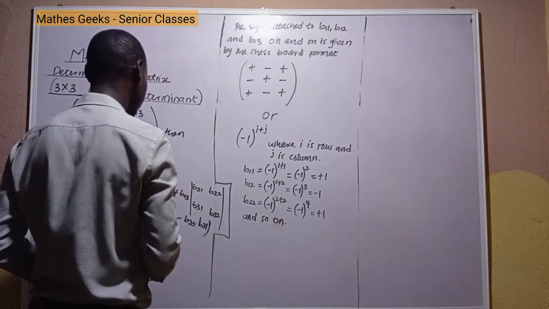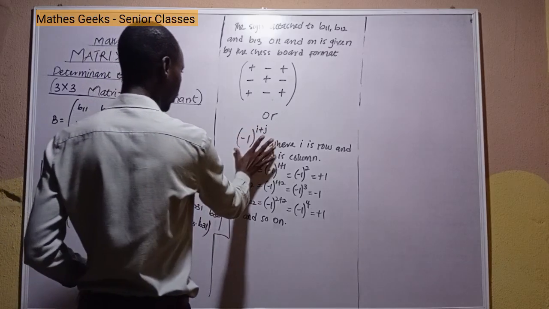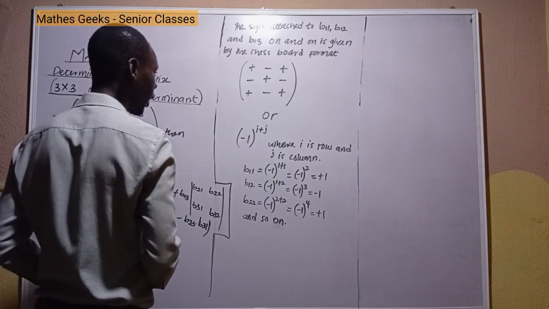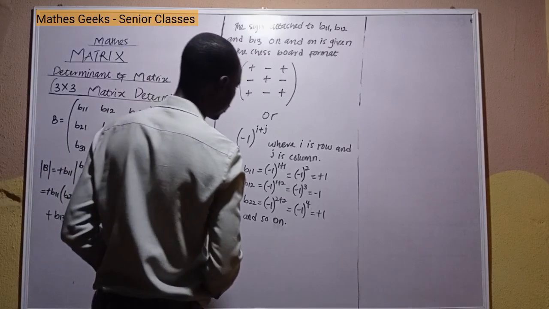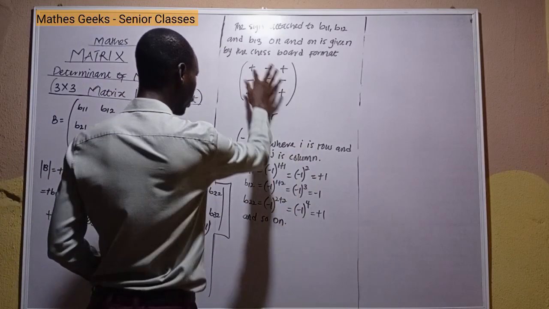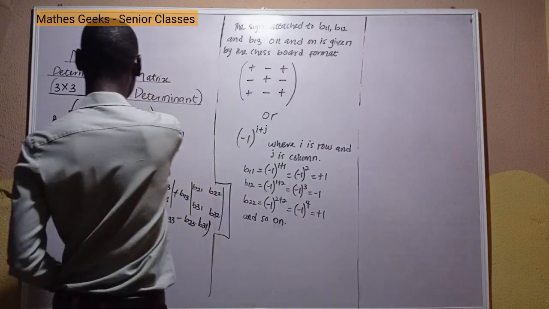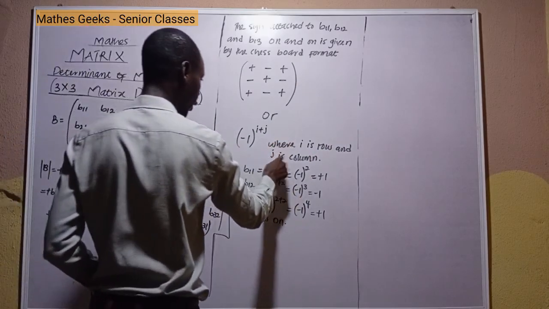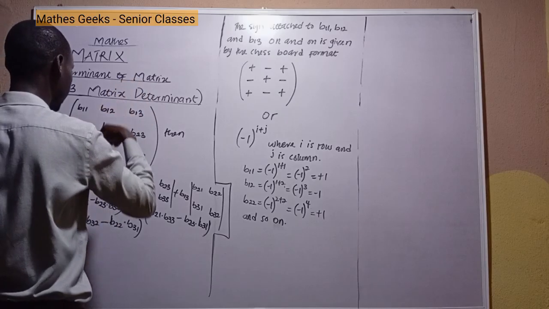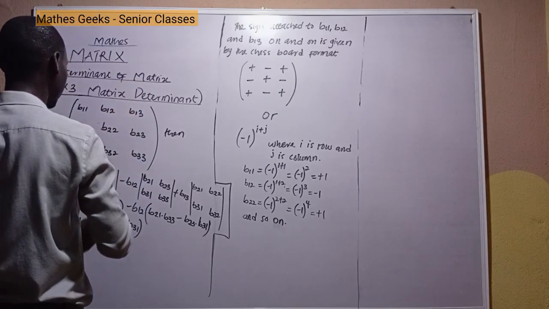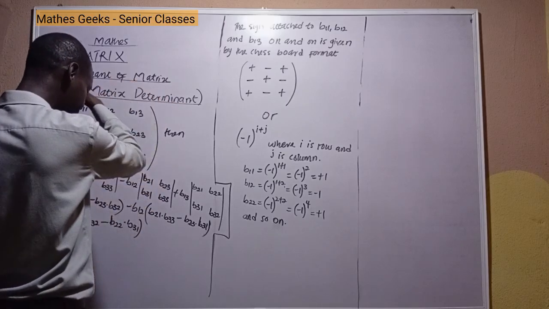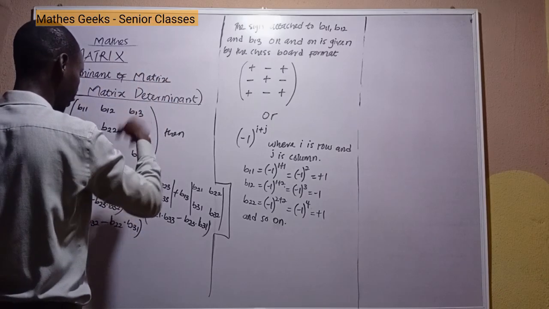Now another way to get these signs is this rule: -1 raised to i plus j, where i is the row of the matrix, and j is the column of the matrix. If you locate the exact point where the entry is, you look at the row and the column. Where that intersection meets is where the entry is.